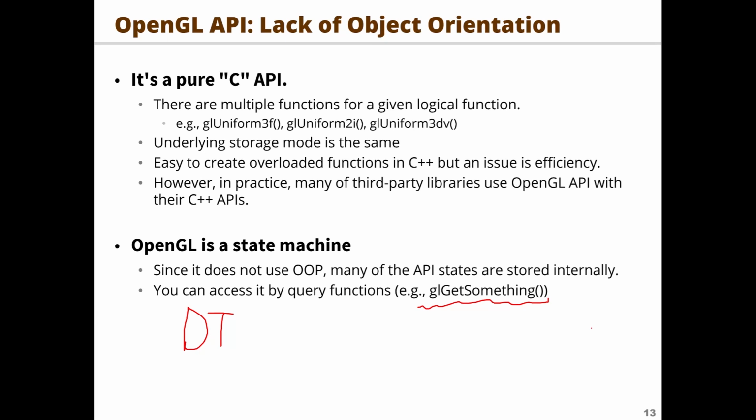Then you get the pointer, which is a temporary variable, and the state is written to your temporary variable. Then you can access the state with glGetIntegerv, and you provide arguments like GL_DEPTH_TEST. Then you can know whether depth test is now enabled or not.